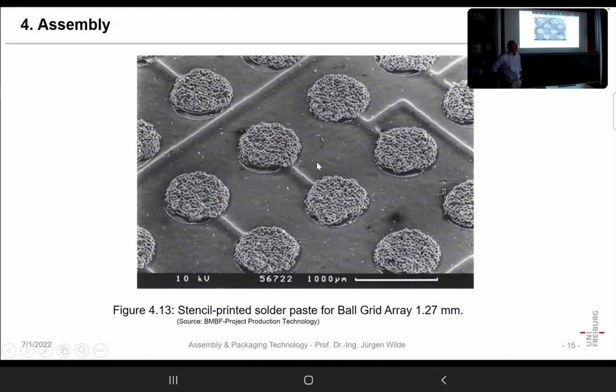Clearly, there was another trend, which was array arrangement of the IOs. We can see that here.